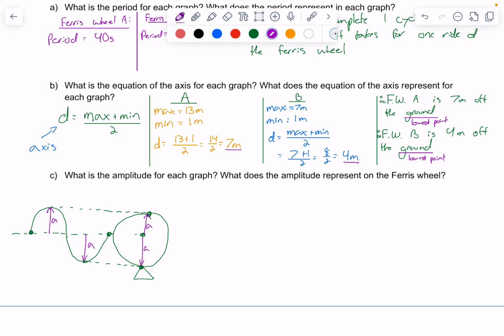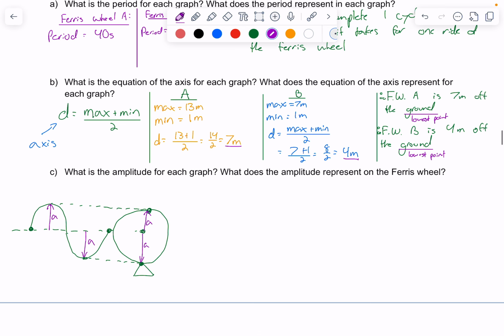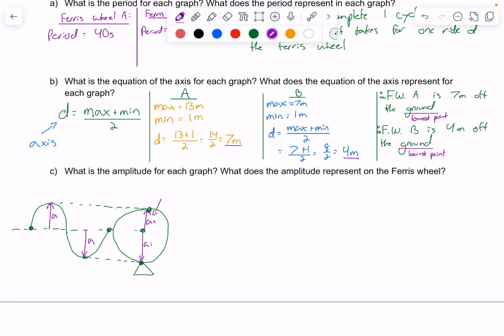So if you think of a Ferris wheel as a circle, I know it doesn't look like a circle, but it is a circle. Going back to your geometry, because these are equal distance from top to bottom, what is that value in context to a circle? Well, that's equivalent to your radius, right?